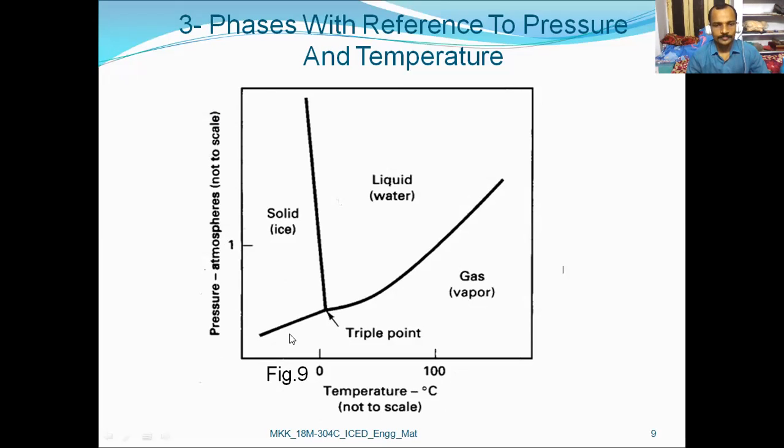If we start from here, slightly from 0, this particular phase is a gas or a vapor. Let us start with the solid form: when it is in the solid or ice form, it changes to liquid water, then vaporizes as a gas. So this is the triple point. So these are the three phases: solid, liquid, and gas phases with reference to pressure and temperature.